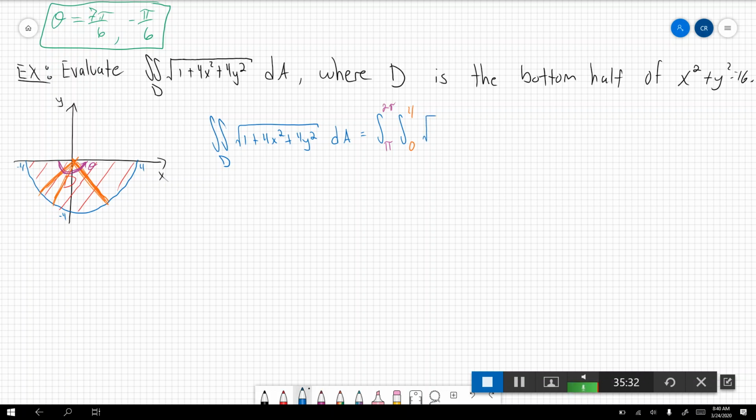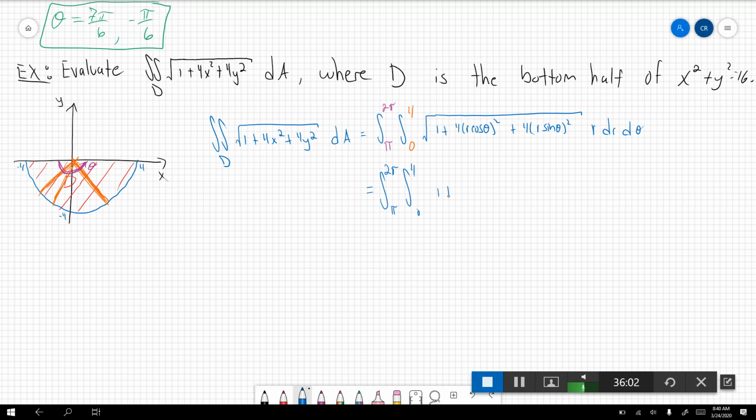Now my substitutions: 1 plus 4 times r cosine theta squared plus 4 times r sine theta squared, and this is all going to be r dr d theta. Using the simplification for the integrand should get us something real nice.